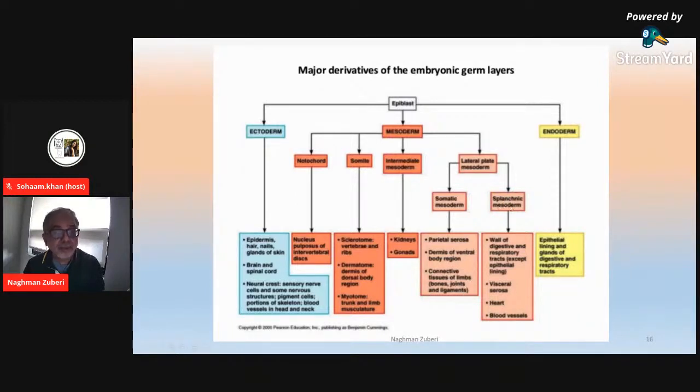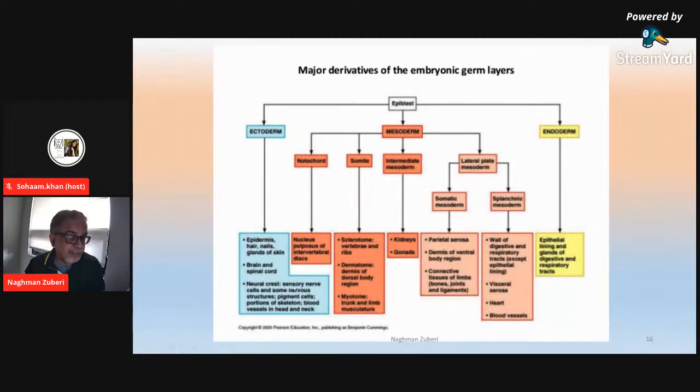Then the splanchnic mesoderm. Here we get all our visceral organs, like the digestive system and the visceral serosa, then heart and the blood vessels, etc. Endoderm provides epithelial lining and glands of the digestive and respiratory tracts. Ectoderm, we have already discussed: epidermis, hair, nails, glands of the skin, brain and spinal cord.